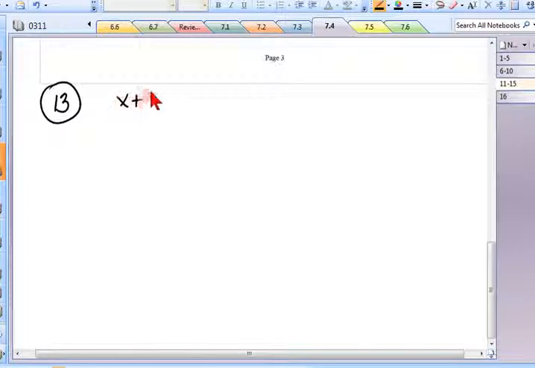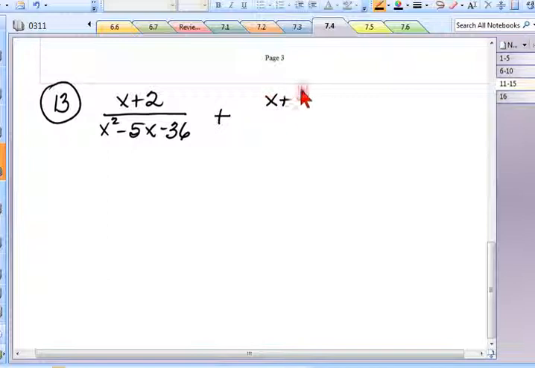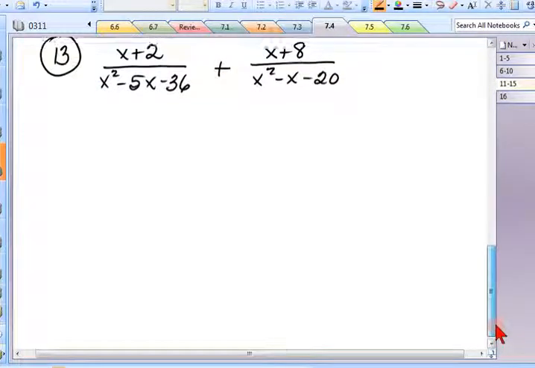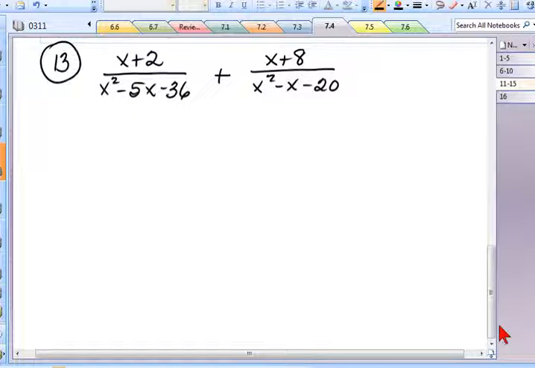We've got x plus 2 over x squared minus 5x minus 36 plus x plus 8 over x squared minus x minus 20. If you're going to find a common denominator, what is each one of you already working on?